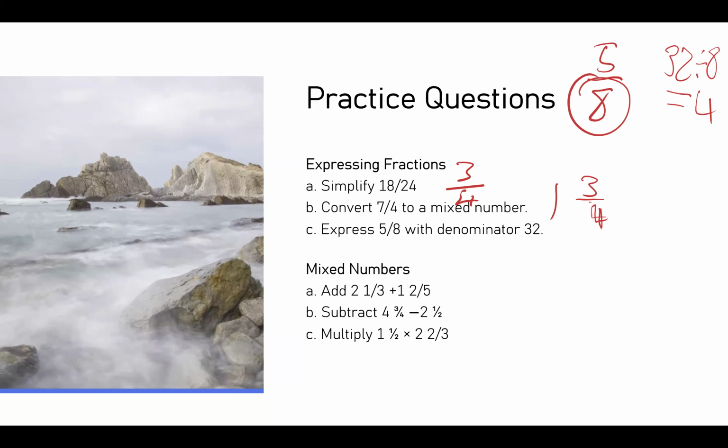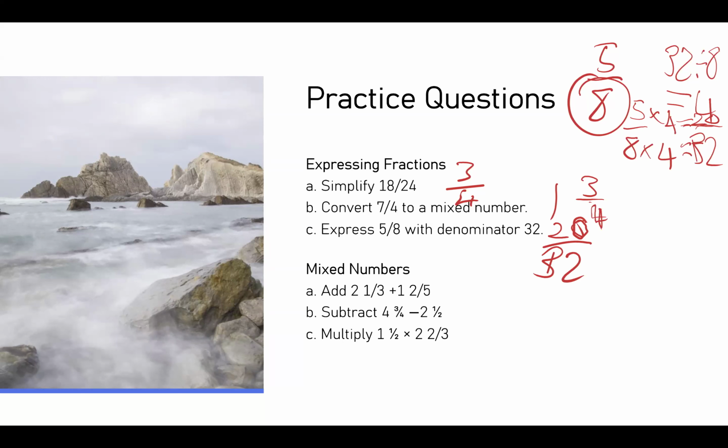So 8 times 4 equals 32. Then the top number, 5 times 4, equals 20. So the answer would be 20 over 32.